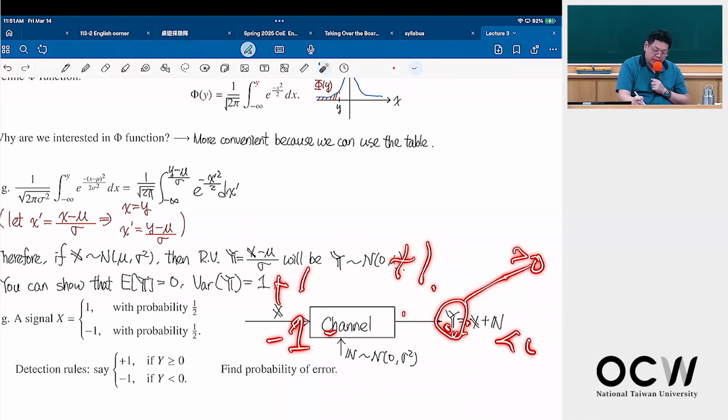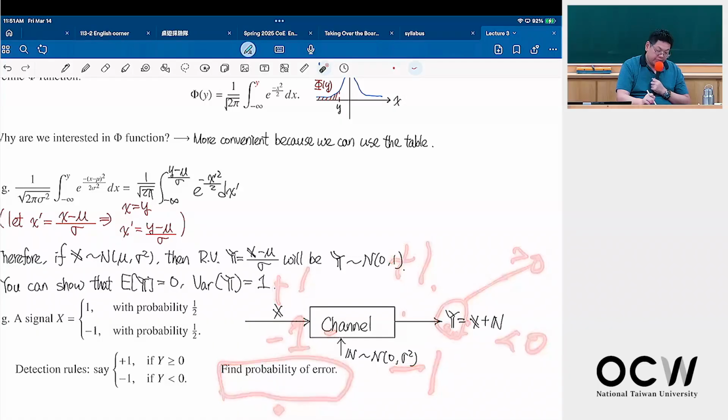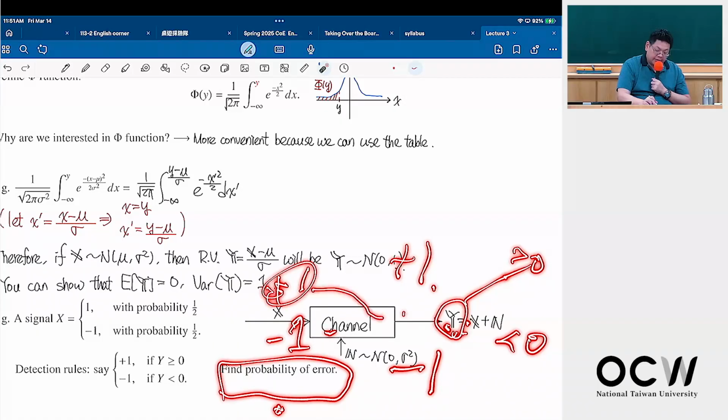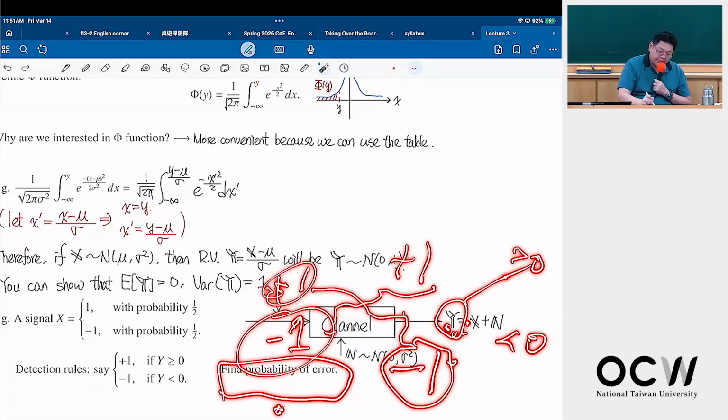If Y is less than 0, then I say I receive -1. Then I want to find the probability of error. Probability of error means that I sent 1, but finally I decided it is -1, or I sent -1 and I say it is actually +1.